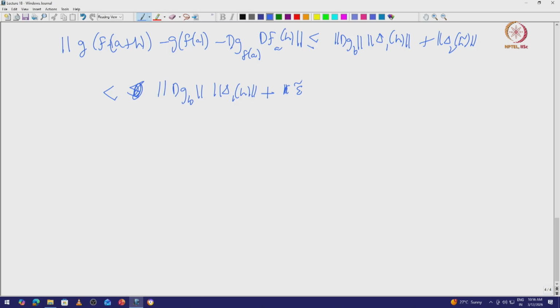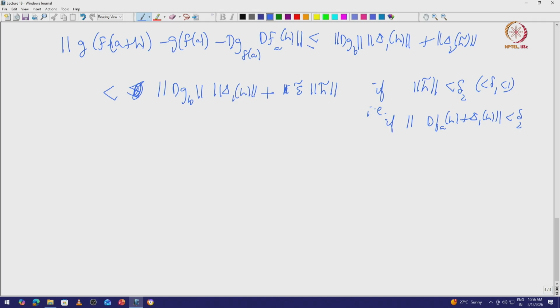It's less than epsilon tilde times norm of h tilde, provided norm of h tilde is less than delta 2, which is of course less than delta 1 and 1, right? That is, what is h tilde again? H tilde is df h plus delta 1 of h, and we want it to be less than delta 2. Yeah? Okay.